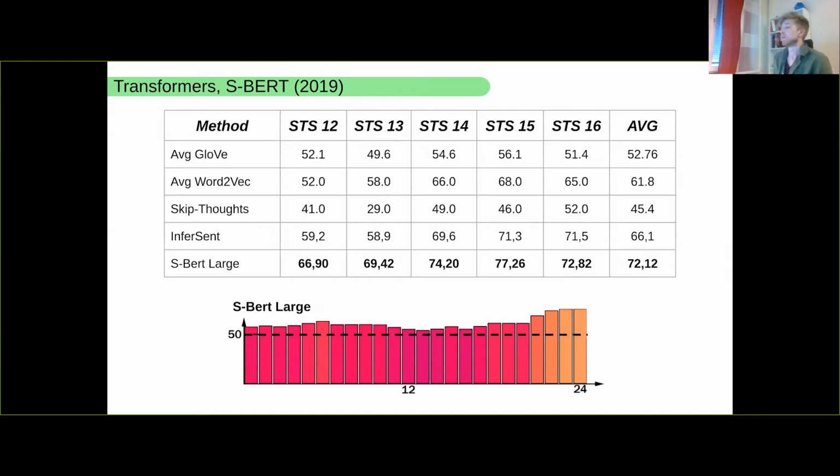So we can see that by simply first pre-training a language model and then doing the inference objective, we drastically outperform all of the previous methods.